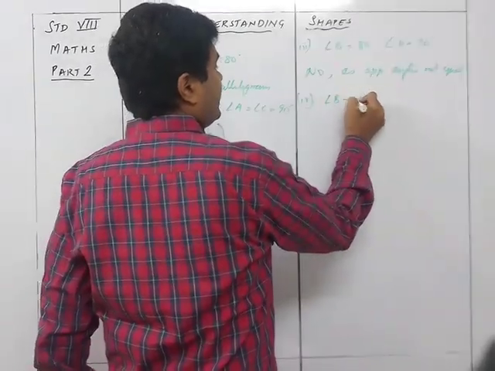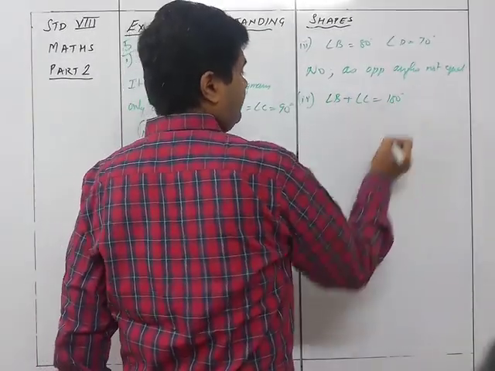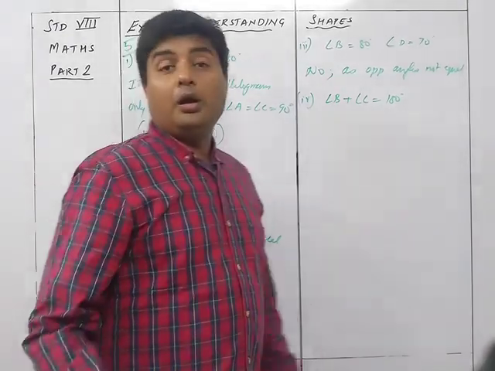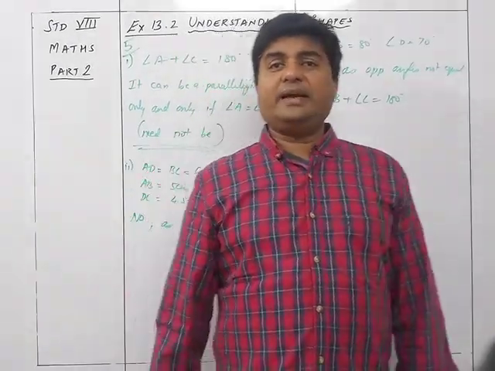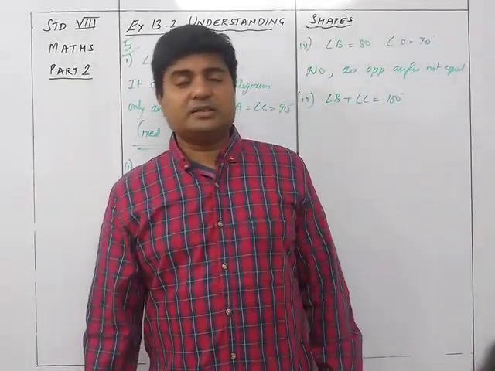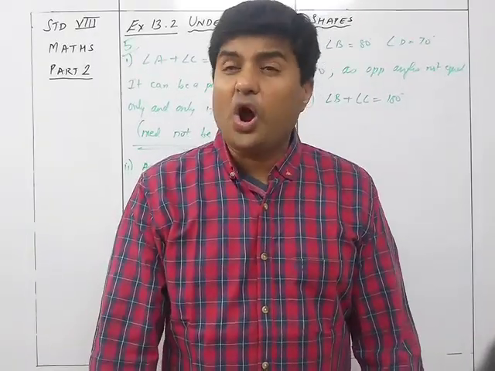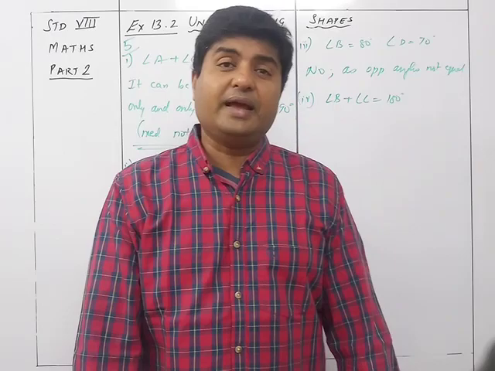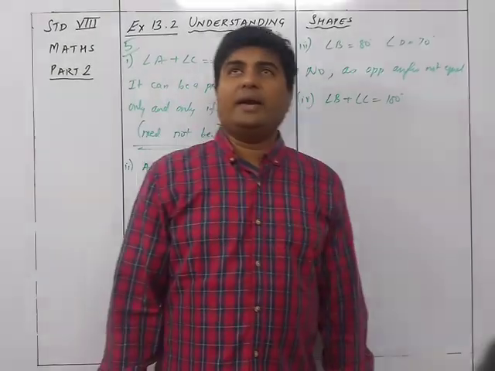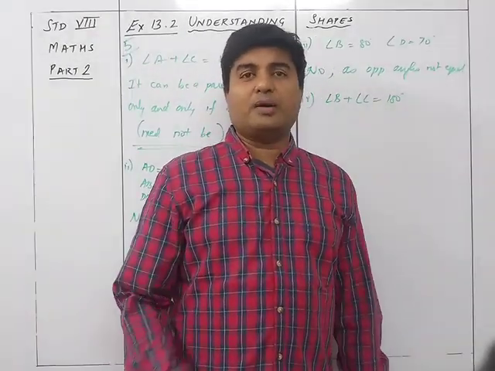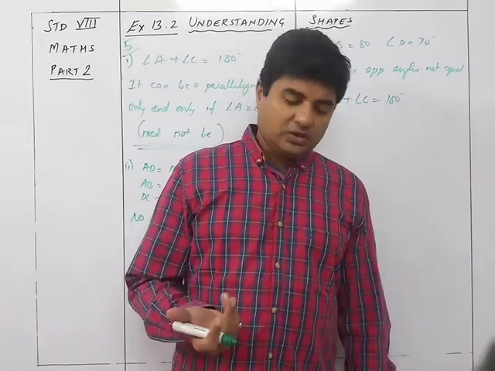Angle B plus angle C equals 180 degrees. Right? Angle B plus angle C is 180 degrees. So yes, there is a possibility that they could be equal, but need not be either, because if angle A and angle D are considered, they will be 180 as well, because the sum of them will be 360. So the other two will be 180 degrees.